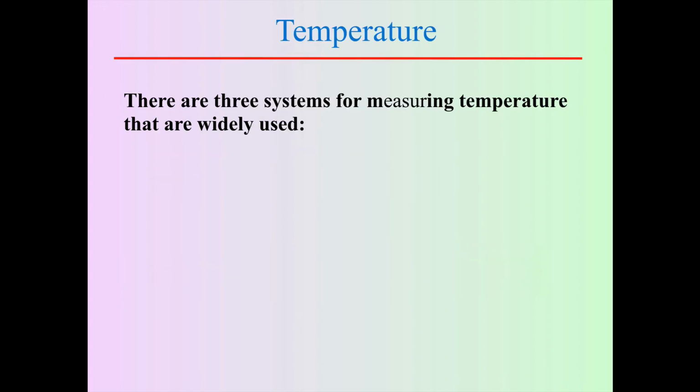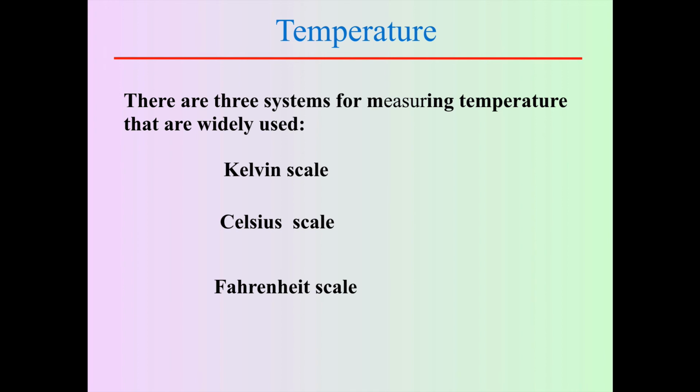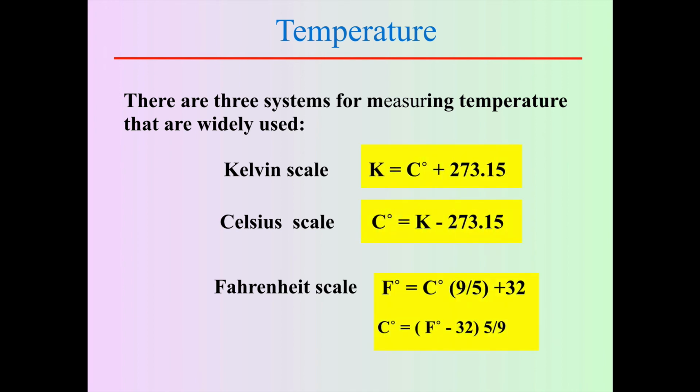Temperature, as I said, the SI unit is Kelvin. We also use Celsius in this class. We don't use Fahrenheit. Fahrenheit still shows up in engineering because a lot of bridges and so on, we have to know how the bridge is going to flex, and we have to know what the temperature is in Fahrenheit. But in chemistry, we only use the Kelvin scale and the Celsius scale.